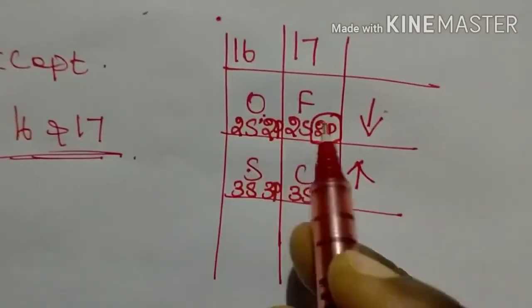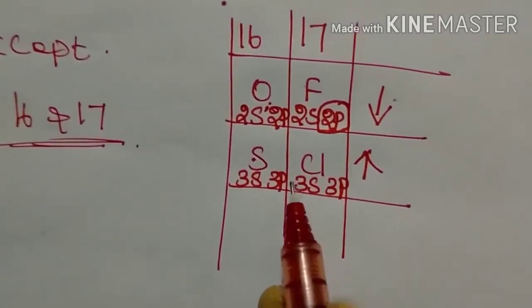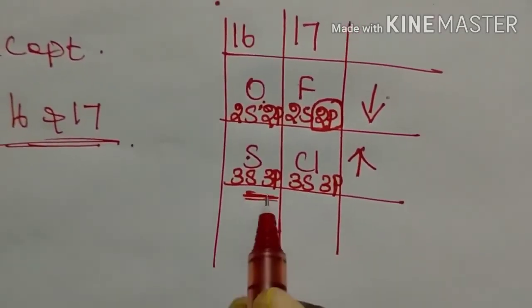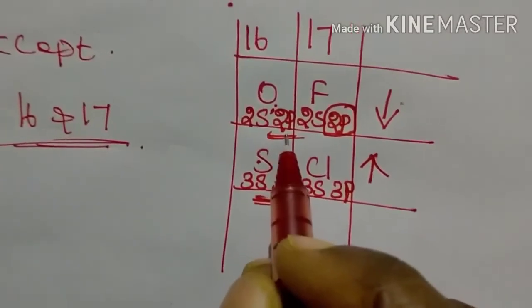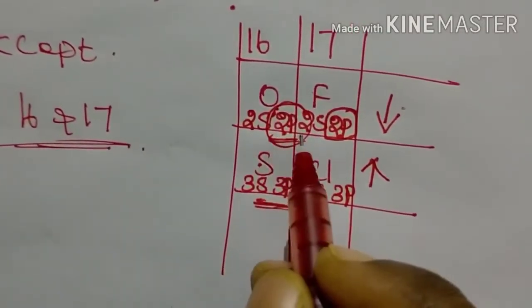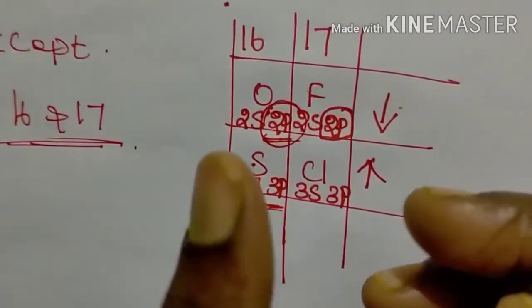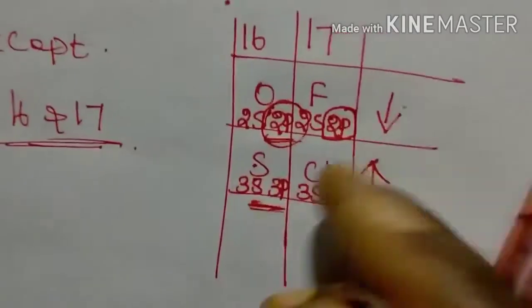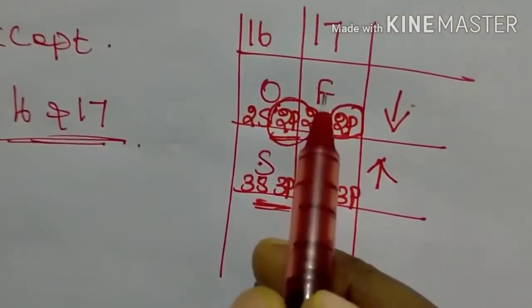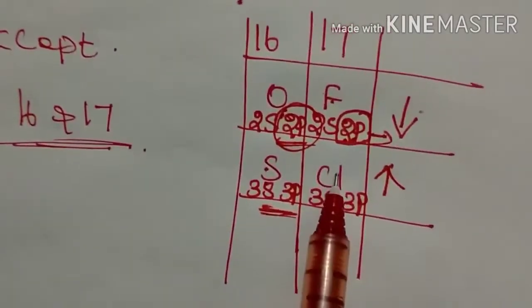For sulfur and chlorine the valence orbital is 3p, here it is 2p. So the electron filling in the valence orbital 2p is compact, more compact than in sulfur, and the electron filling in the 2p orbital of fluorine is also a more compact system than in chlorine.